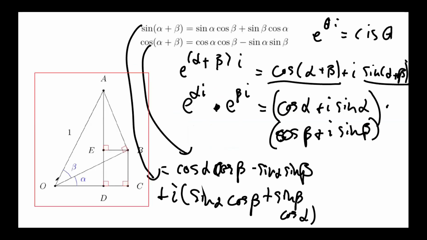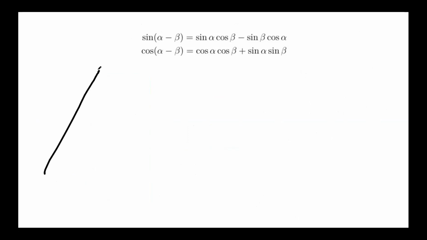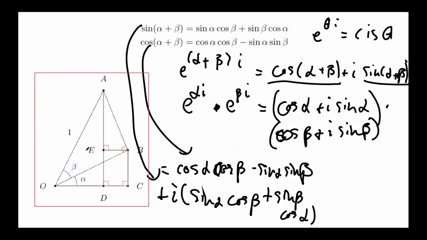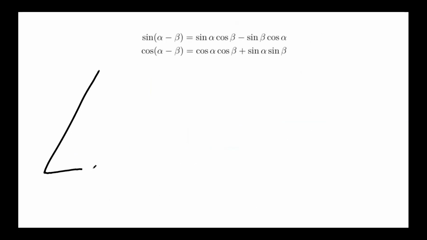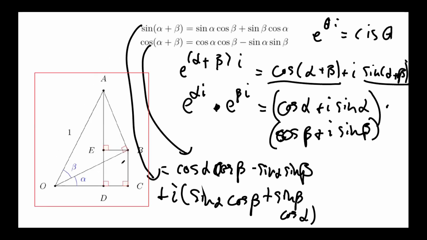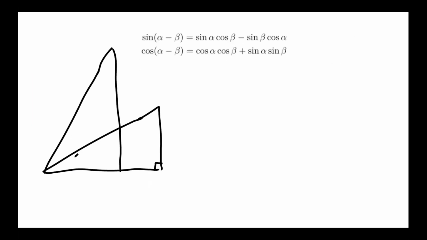Let me redraw this diagram real quick because we're going to do a geometric proof of the identities as well. Sorry, just give me a moment.